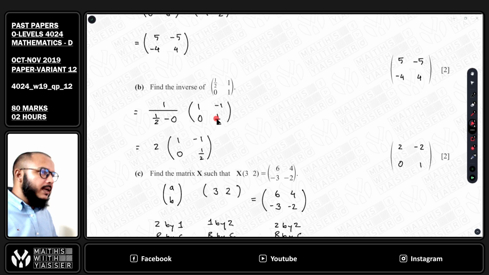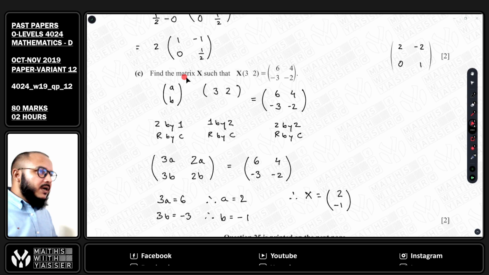So this will become 1 and this will become half, and this one will become negative and 0 will remain 0. So 1 over half is 2 and all the elements inside the matrix remain the same. Then we can simply multiply with the number 2 and then we will get (2 0; -2 1).